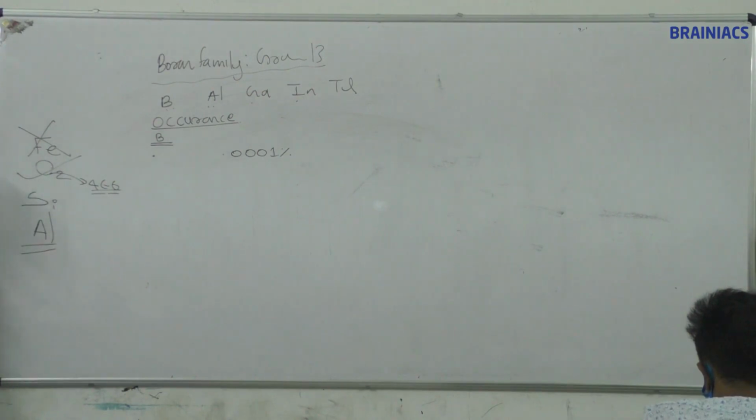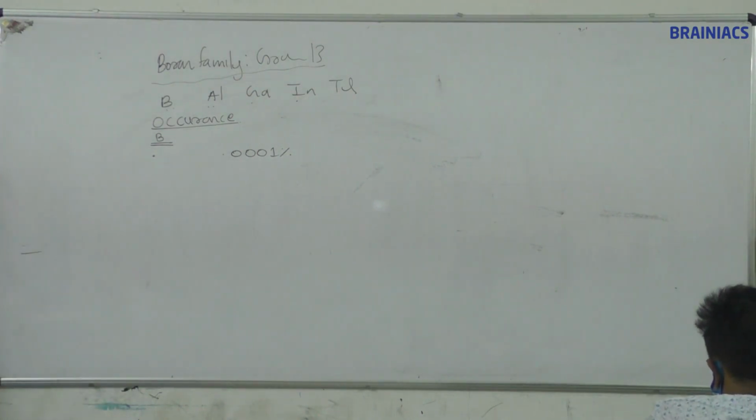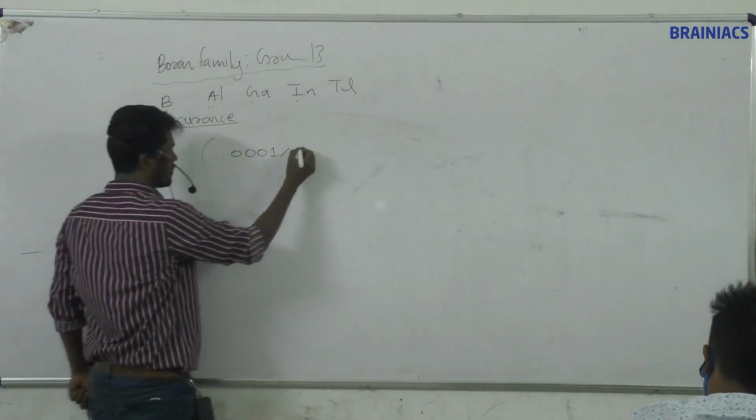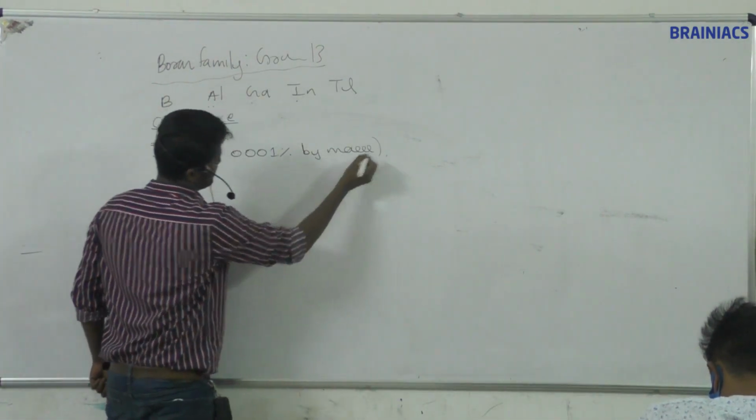Boron is a rare abundant element in earth crust, 0.001 percentage by mass.